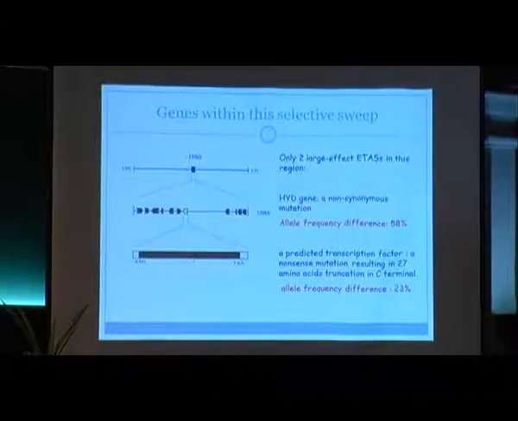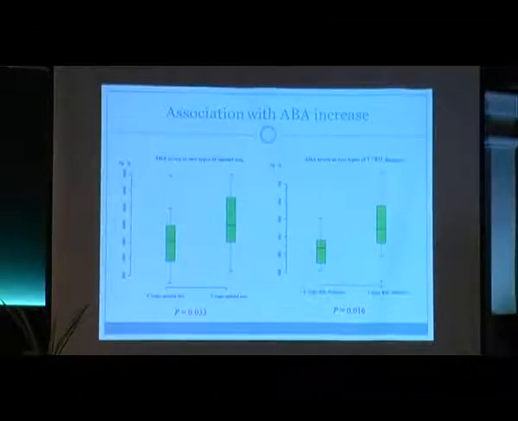As I have mentioned, the HYD gene encodes a very critical enzyme for ABA synthesis. So we were wondering whether a functional study can provide some insight. We measured the ABA level of the T-type upland accessions and C-type upland accessions, and we did observe a significant upregulation of the ABA level in the T-type upland accessions.